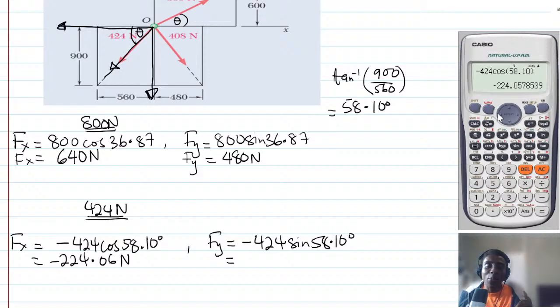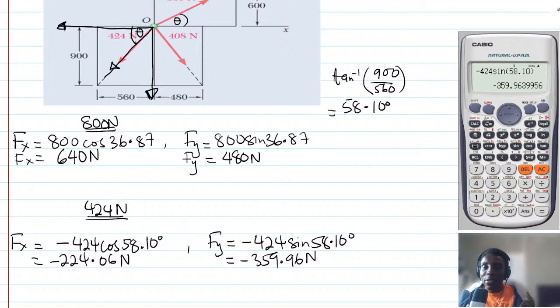And then the y component is sine. So minus 359.96. Yes, it will be saved. Please, you can rewatch the video again, please.